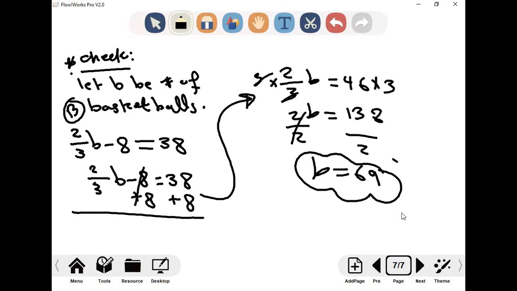B. 2/3 B minus 8 equals 38. But the answer beside it, how much? 69. This is the value of B. They gave you the equation and the answer. You need to choose. Divide by 2, both sides. You have 2B, right?